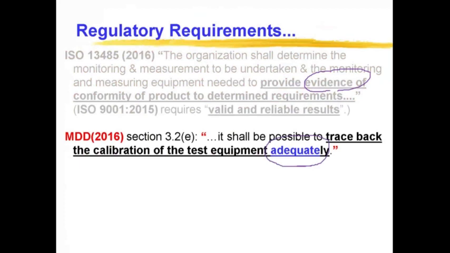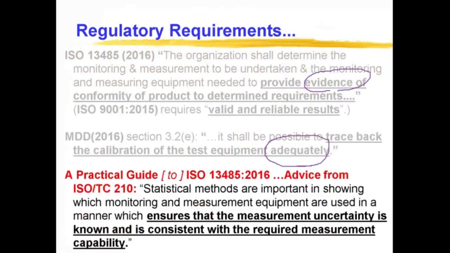There is a guidance document on 13485, and they say something along the lines of that you should have your measurement uncertainty consistent with the required measurement capability. So there's a little hint that you're supposed to make sure your measurement uncertainty is appropriate for whatever your requirements are.